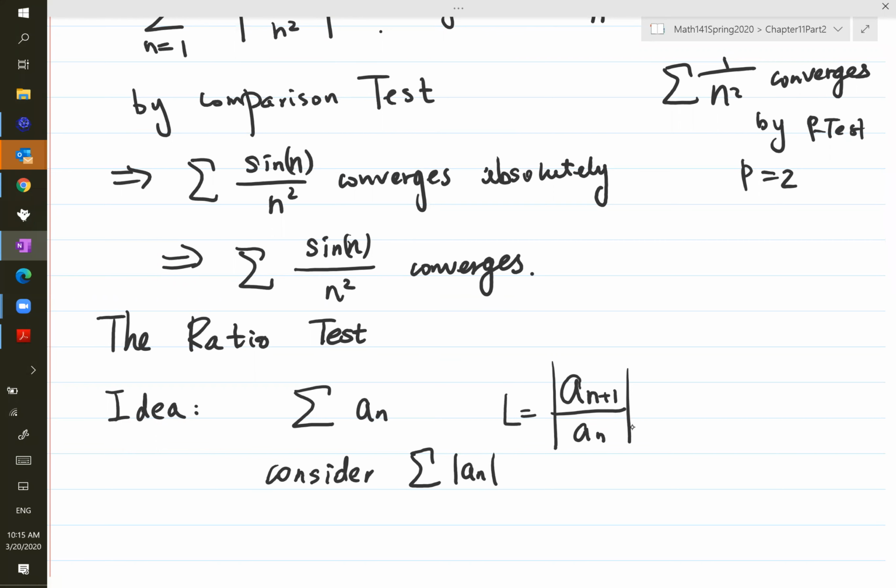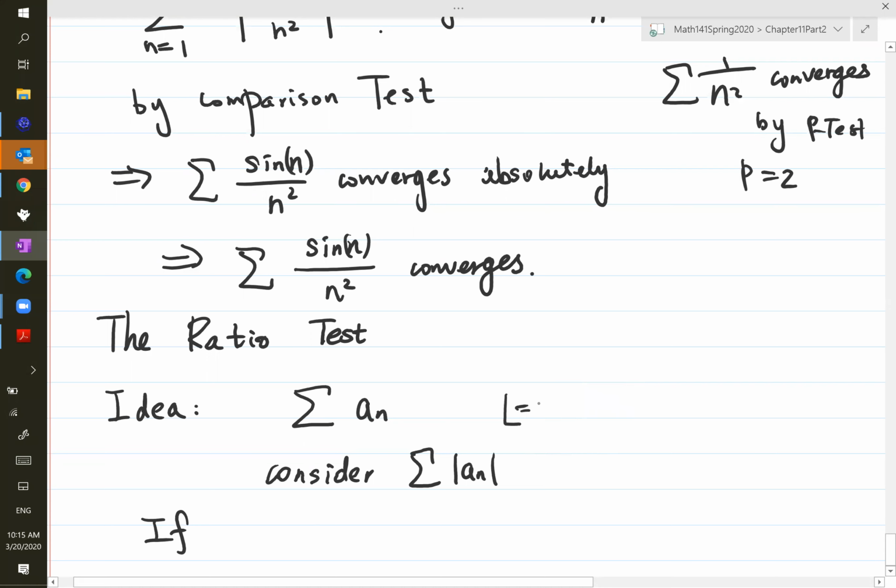If the series mimics a geometric series, then this is really close to a fixed number.